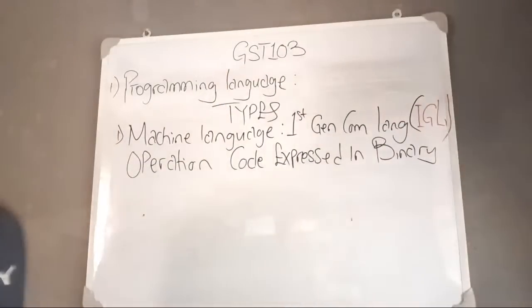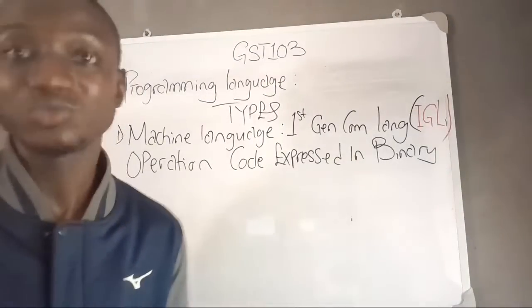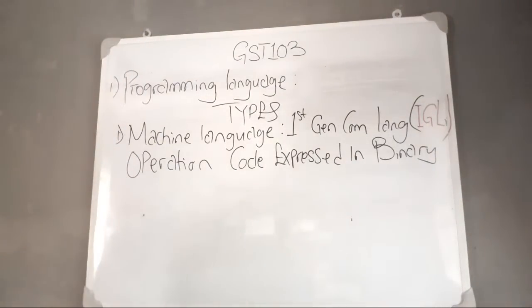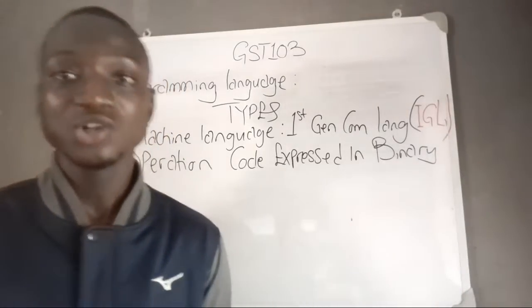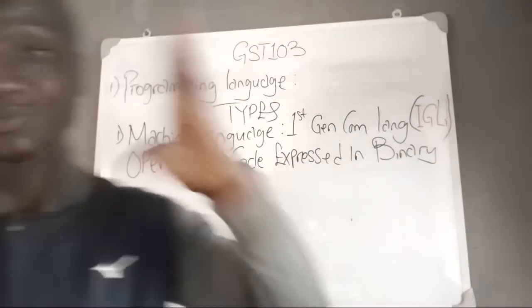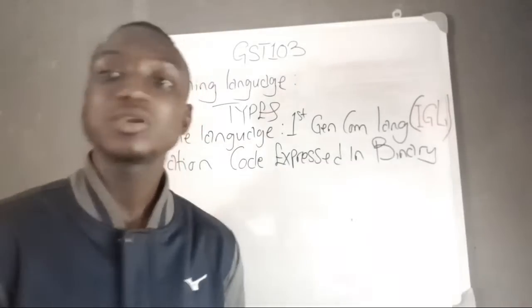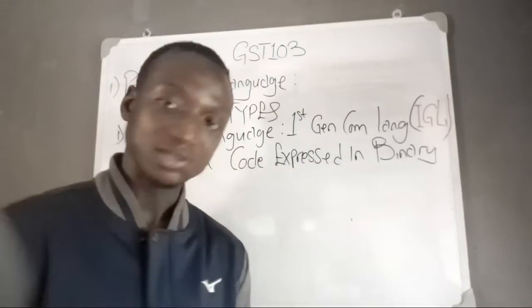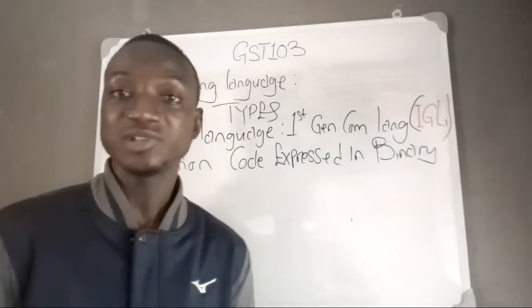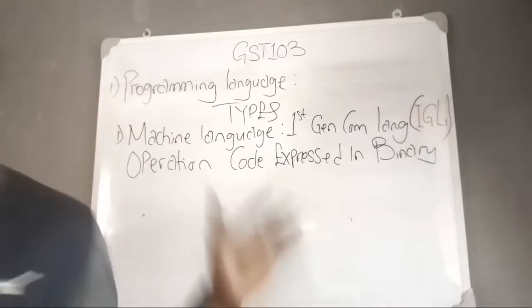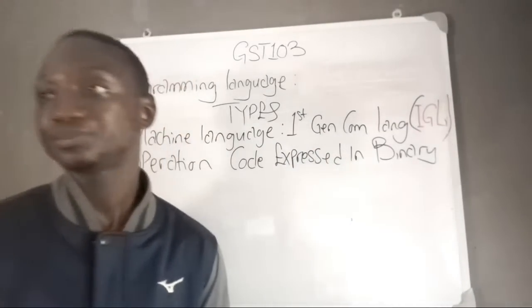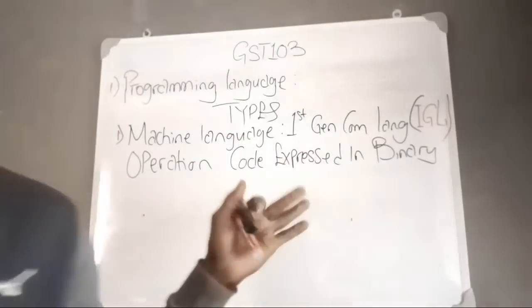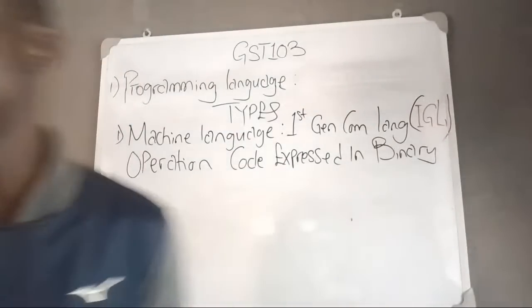We really can't go far from our material as much as we want to, because national universities set their question based on what they have in the material. So we have to follow the material back to back. We need to cross the T's and dot the I's. We have to read in between the lines, because that is where the questions are actually coming from. If you get conversant with this, you stand a better chance at attempting your exams.